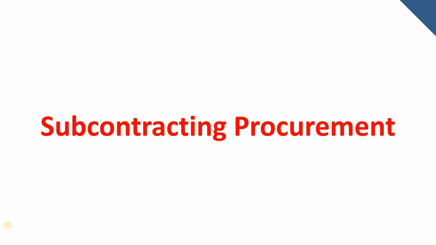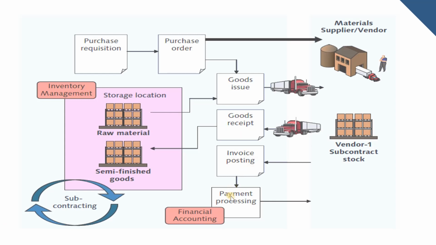It's like we are giving contracting to the vendors. We are providing the materials to them and the vendors will do the manufacturing and they will send us the finished product or semi-finished product. So this is the flow of the subcontracting procurement.